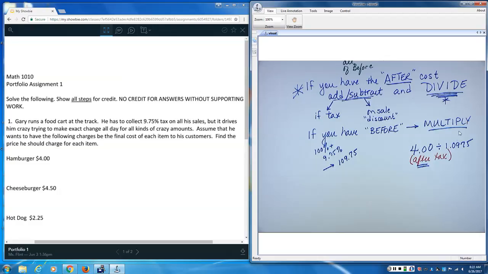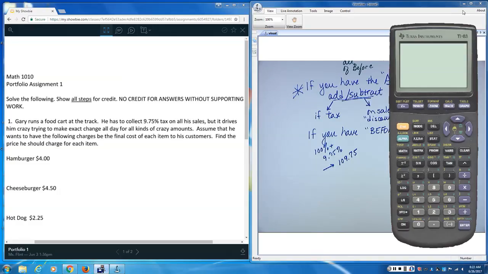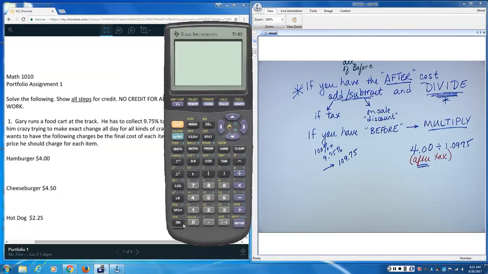And when you do that, that tells you that your prior to tax cost should be $3.65.